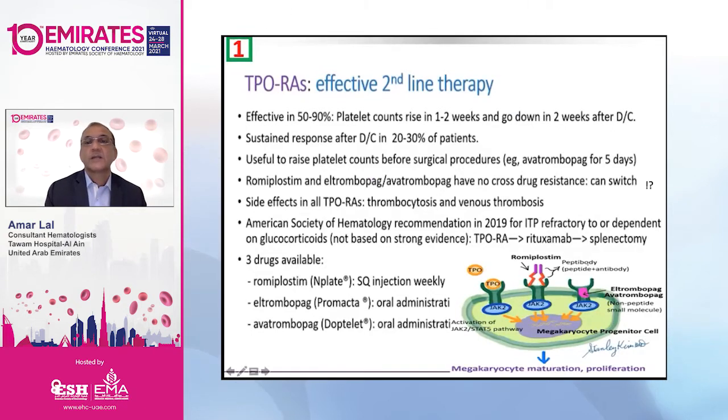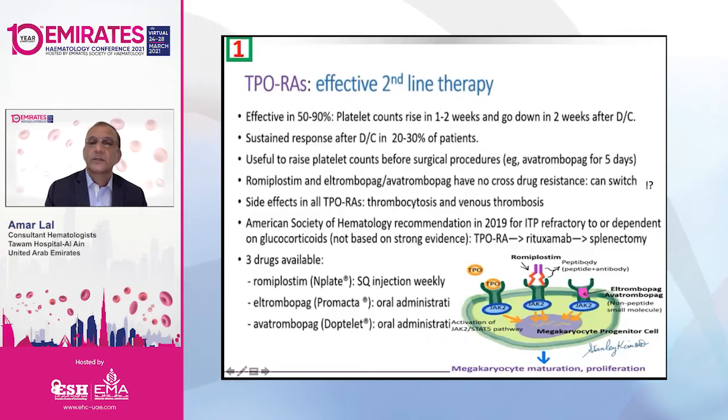And some patients, up to 30%, can also discontinue therapy. So nowadays, we also use the TPO agonist before surgical procedures. We have 3 TPO agonists. The interesting thing is they have no cross resistance, so you can switch from one to another. And the ASH guideline has recommended the TPO agonist over rituximab and over splenectomy.